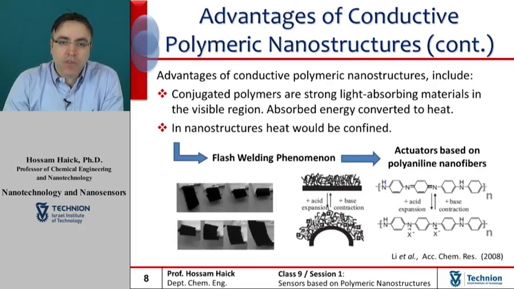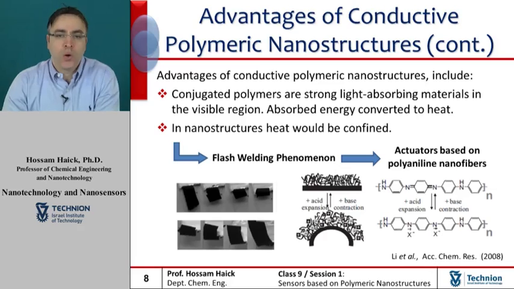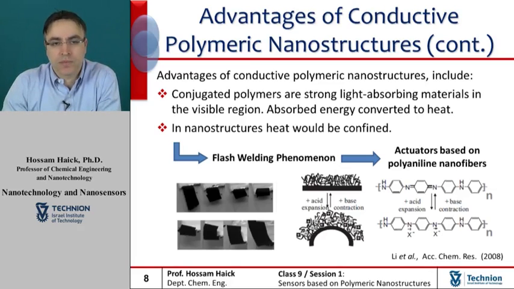An additional advantage of the polymeric nanostructures is that conjugated nanostructured polymers have distinctive heat transfer properties. In general, conjugated polymers are strong light-absorbing materials in the visible region due to the low-energy pi-pi transitions.